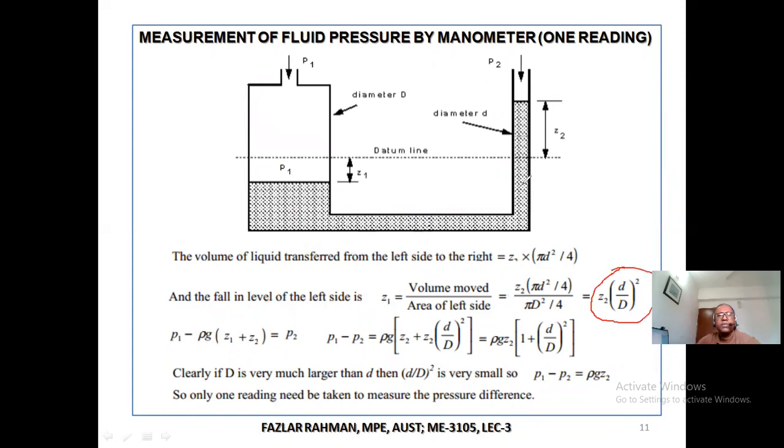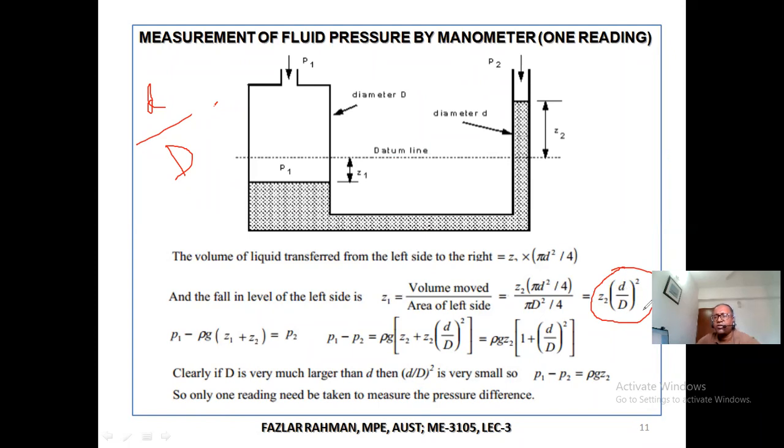Now you see the diameter of this one is very small. So the ratio of d by D will be very small, right? Then you square it, again it will be small. So what we can do, we can neglect this ratio. We can say Z1 will be almost equal to Z2 in that case, right?